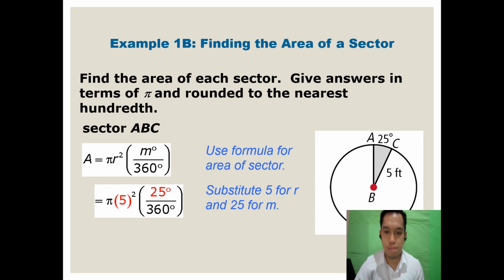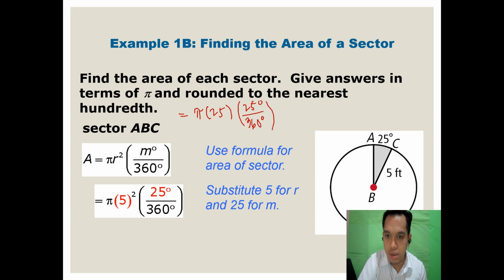Then simplify it. That will become pi times 25 times 25 degrees over 360 degrees. You can multiply it, and you can include pi too.